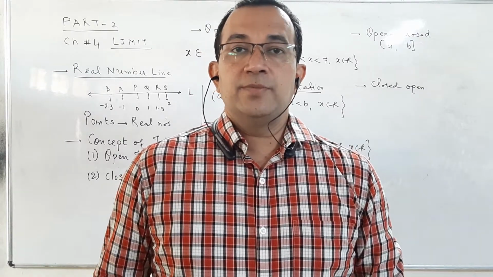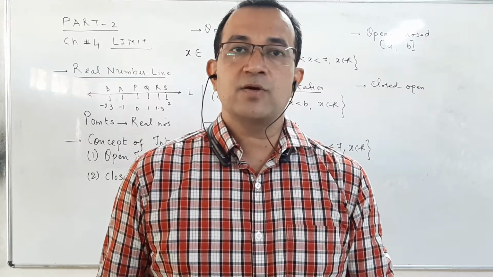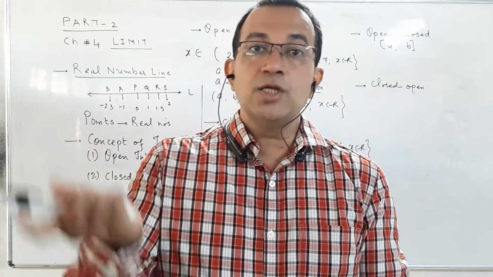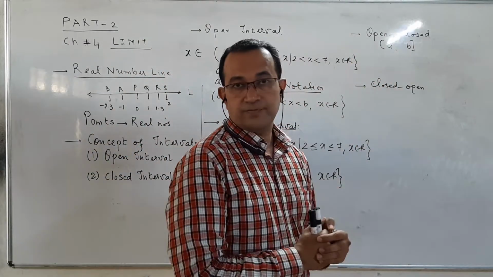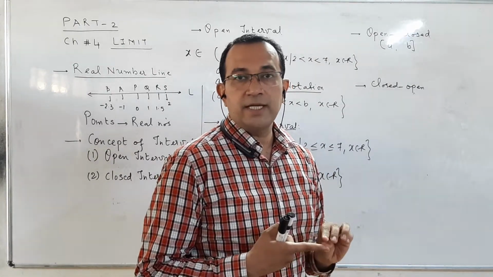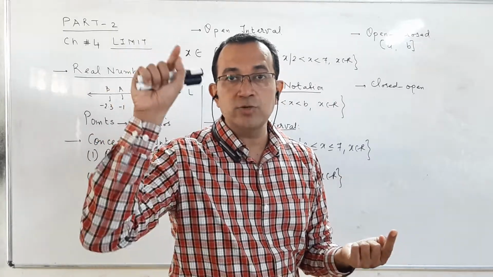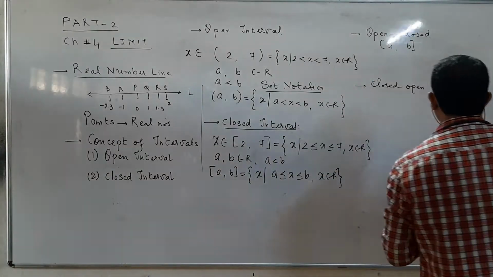Let A and B be any two real numbers, definitely A < B. The set of all real numbers lying between A and B, including B but not A, because at A we have open. The set of all real numbers lying between A and B, including B but excluding A, is called the open-closed interval.